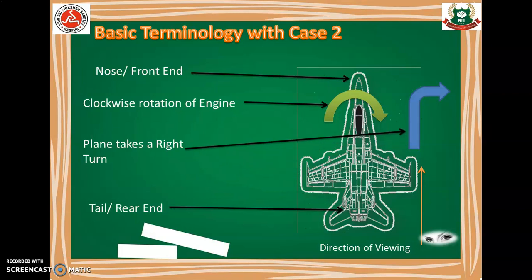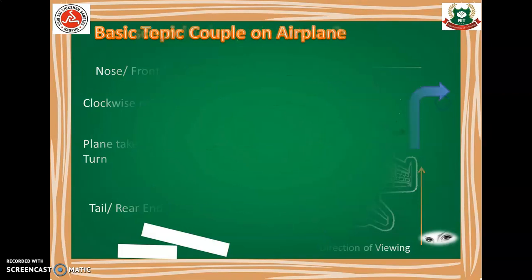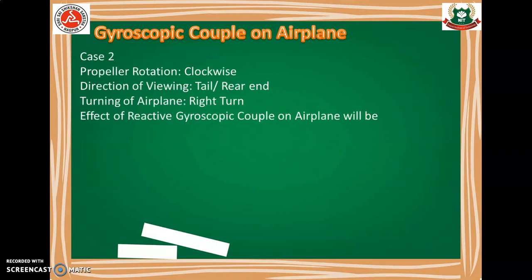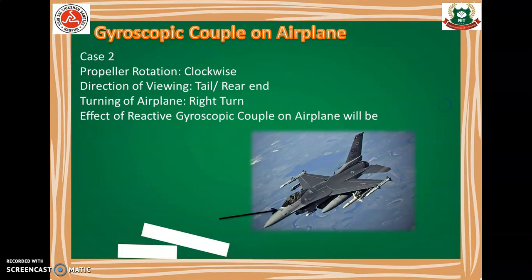Here only one condition is going to change, that is the turning of plane as compared to the case number 1. Now what will be the effect of all these 3 conditions? Means when propeller is rotating in clockwise direction, direction of viewing is from the rear end, and plane is going to take a right turn. So the effect of reactive gyroscopic couple on airplane will be, it will dip the nose and it will rise the tail.